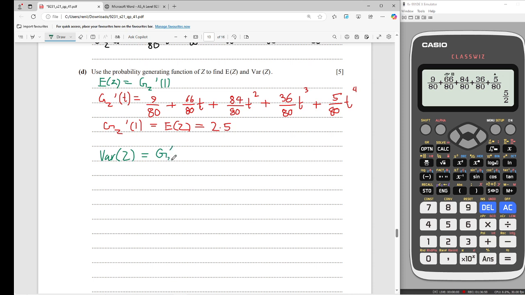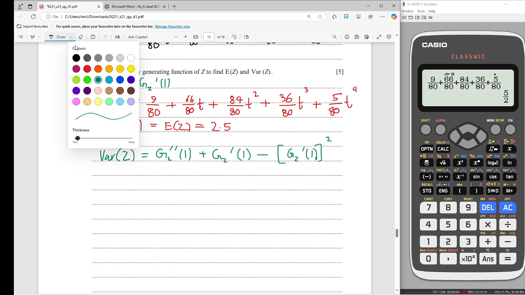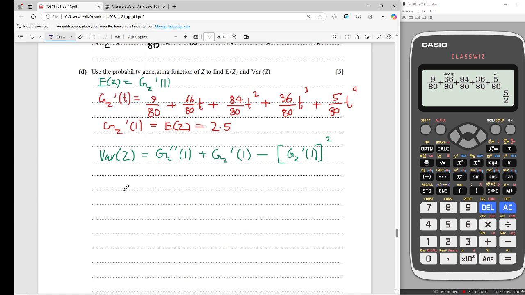So G_z, now we need to double differentiate and plug in t equals to 1, and similarly we're going to add up our E(z), which is G_z dash 1, minus G_z dash 1 but whole squared. Okay, so we have G_z dash 1, so we just need to find the double differentiate of the PGF of z, and that can be done very simply.